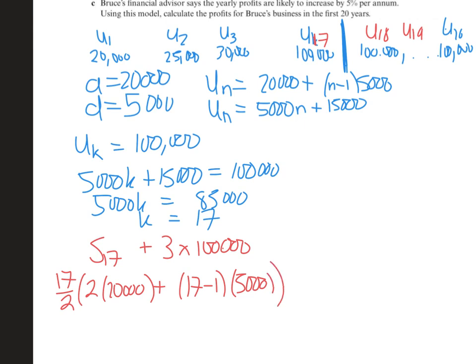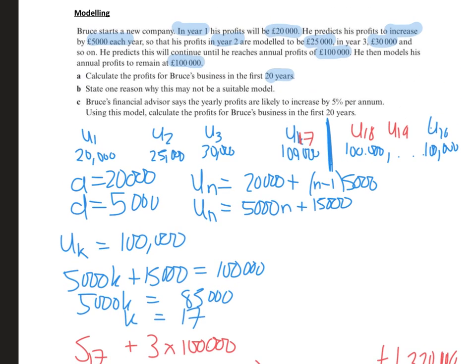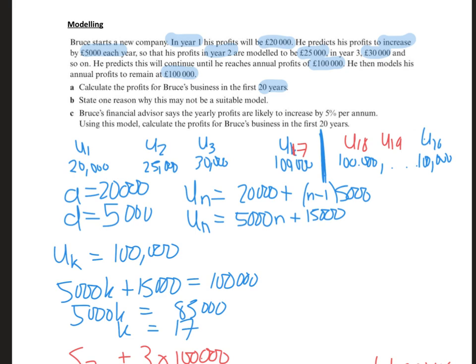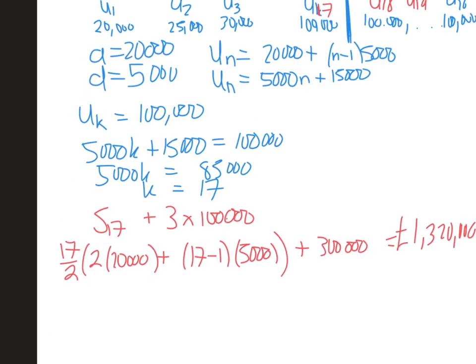That gives me how much he earns for 17 years, plus 300,000. If I work that out, we get £1,320,000. So in the first 20 years, that's how much his profits are. If you do business, that doesn't mean how much he earns.